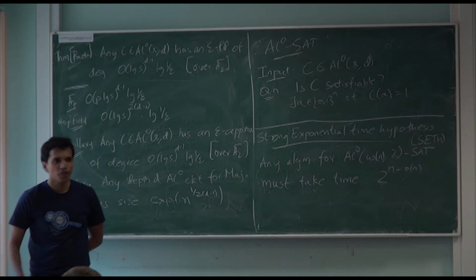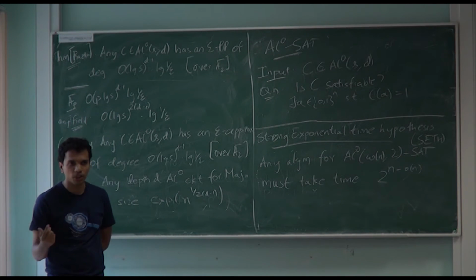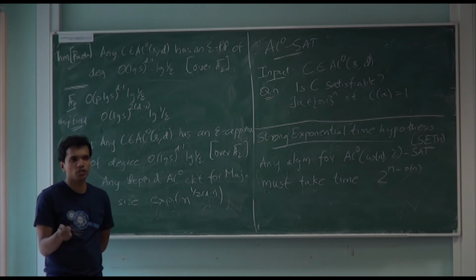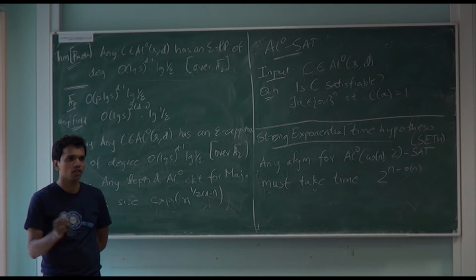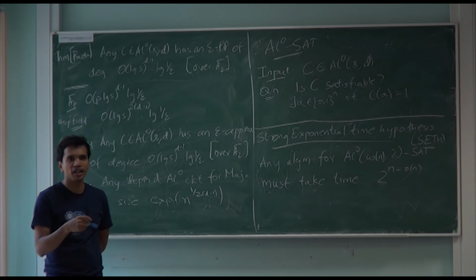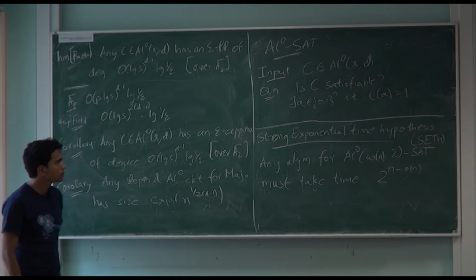If you have an algorithm that solves satisfiability just for depth 2 circuits, essentially CNF formulas, with just a superlinear number of clauses, something like n log n clauses, any such algorithm must take time more than 2 to the 0.99n or 0.999n, 0.9999n, etc.